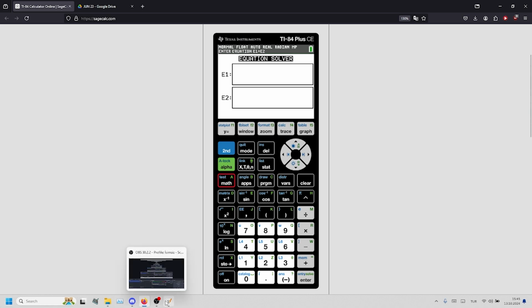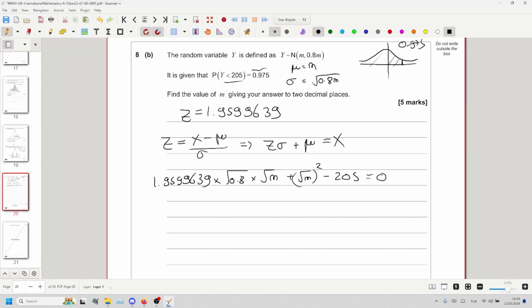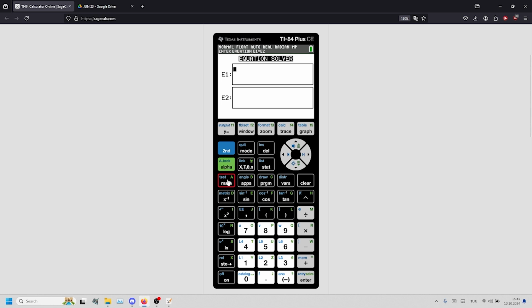So our equation in this case is a bit annoying. I'm just going to call it root m x. I mean, we could write it as root m, I don't think that would cause a problem.